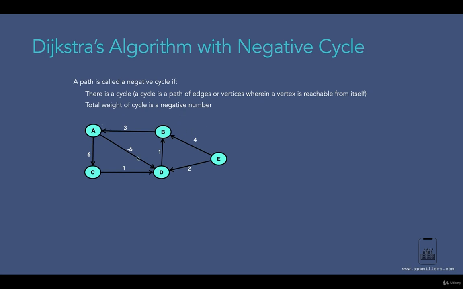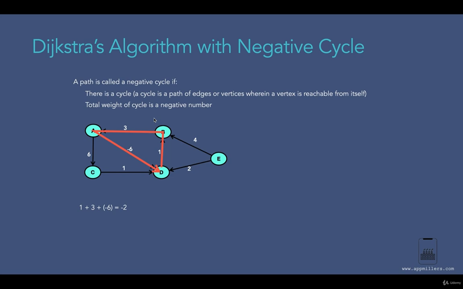This means that if I sum up these numbers from A to D, from D to B, and from B to A, we are going to get a negative number. Here we can easily see that the sum of these numbers is -1. So this means that we have a negative cycle in our graph.